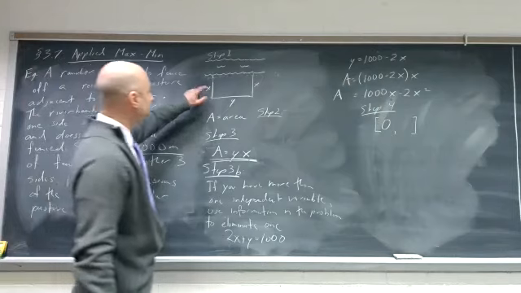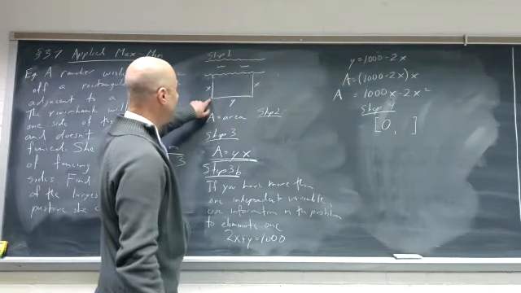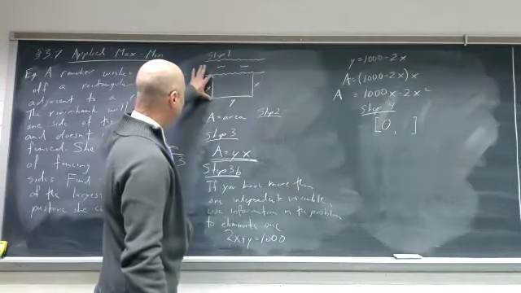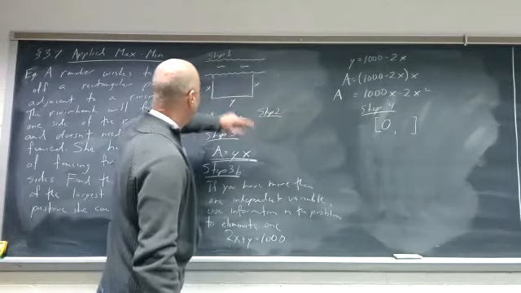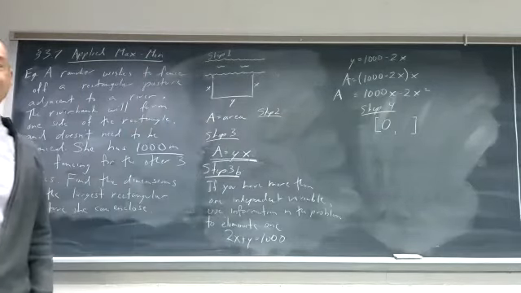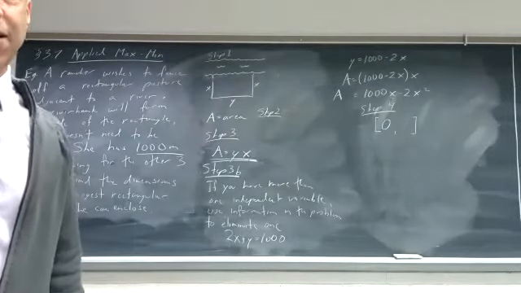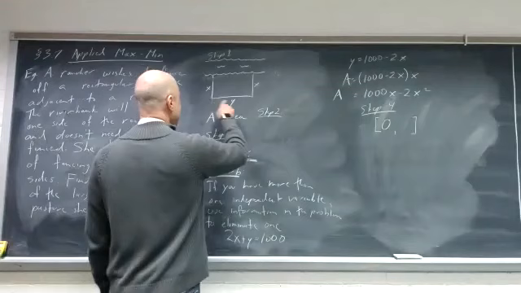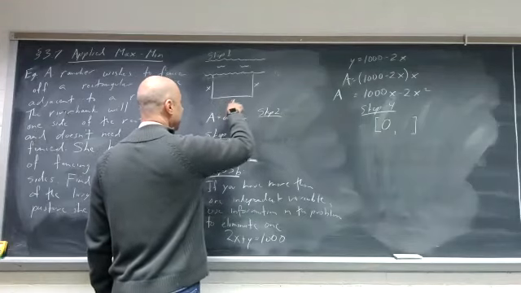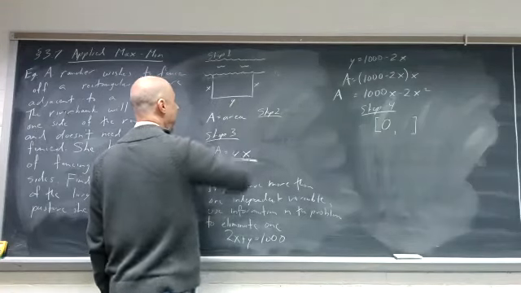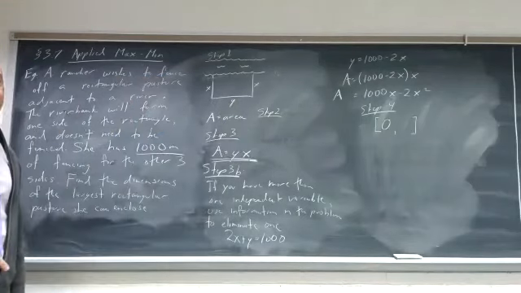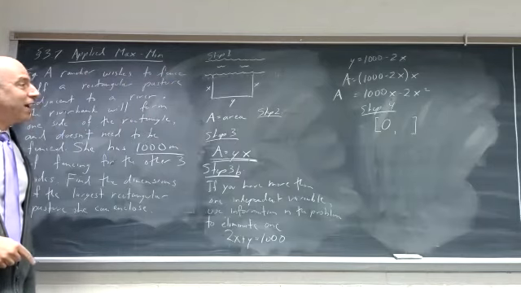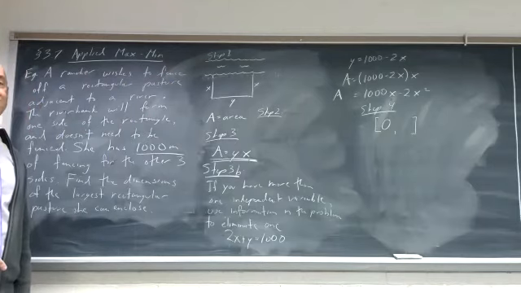Again, it's a little bit harder to figure out what the biggest value of x can be. We have an x over here, and we have an x over here. We have 2 sides of length x and 1,000 meters of fencing altogether. The bigger x gets, the smaller y gets. The smallest y could possibly be is 0. What's the biggest value of x that makes any kind of sense?